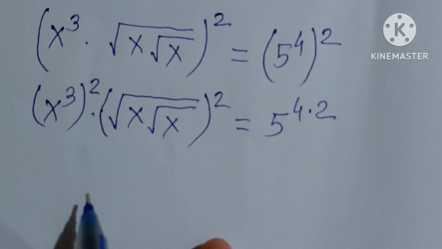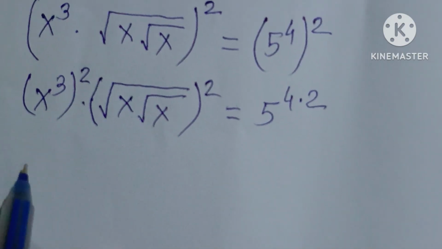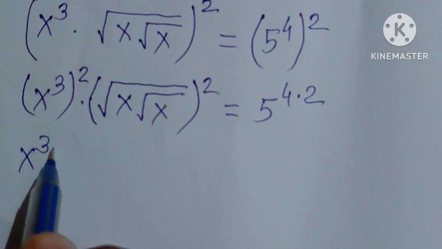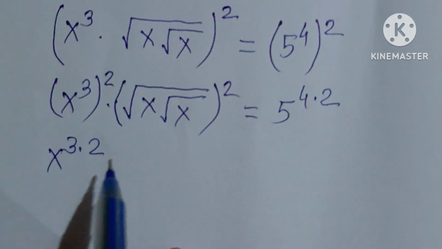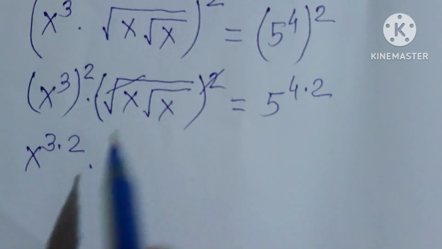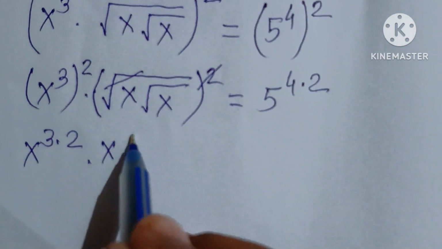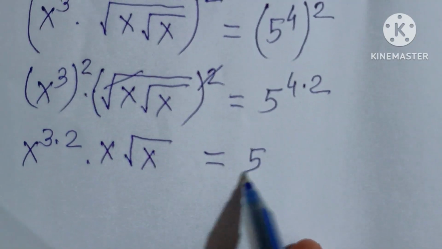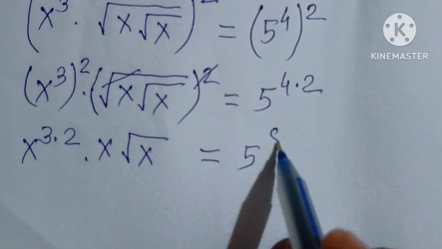Then here we can write x raised to power 3 into 2, into square root will remove, x into under root x equal to 5 raised to power 8.